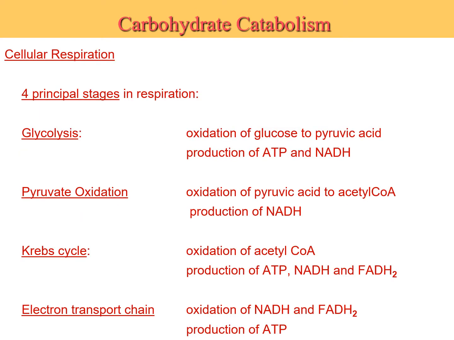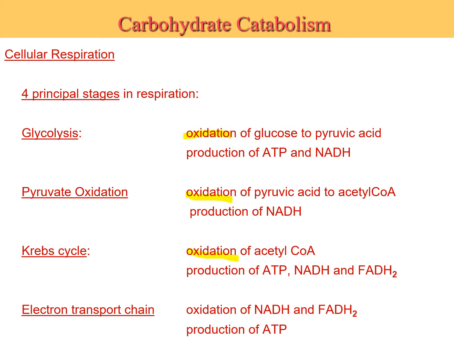Now, there are 4 major stages to the process. First, we're going to deal with cellular respiration, not fermentation. So essentially, we're talking about a process of oxidation of carbohydrates. If you notice here, each step listed here is an oxidation.